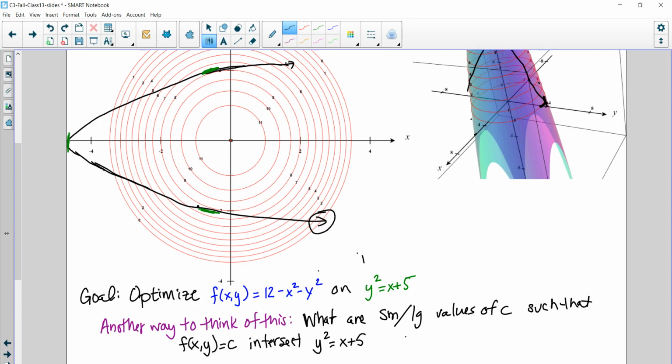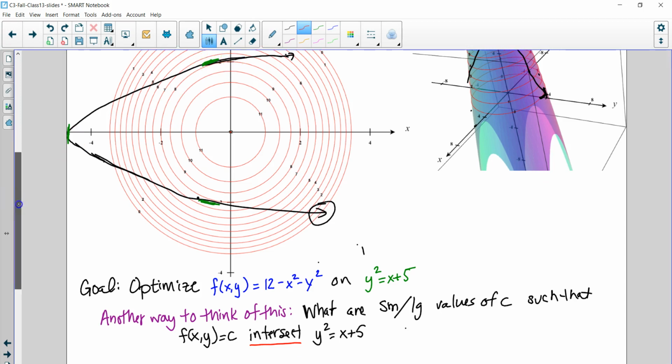But if I think about this carefully, when we say intersect, don't we mean intersect at a single point? As I was drawing the green lines, that was just a tangent.